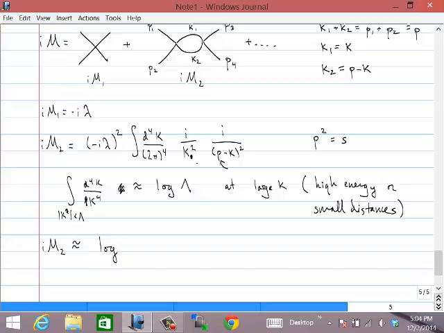Lambda has dimensions of energy, so the only way that you can make something dimensionless out of this is if this goes like log s over lambda squared. Sorry, s has dimensions of energy squared. And there has to be a minus sign here, because this should diverge like log lambda as lambda goes to infinity.